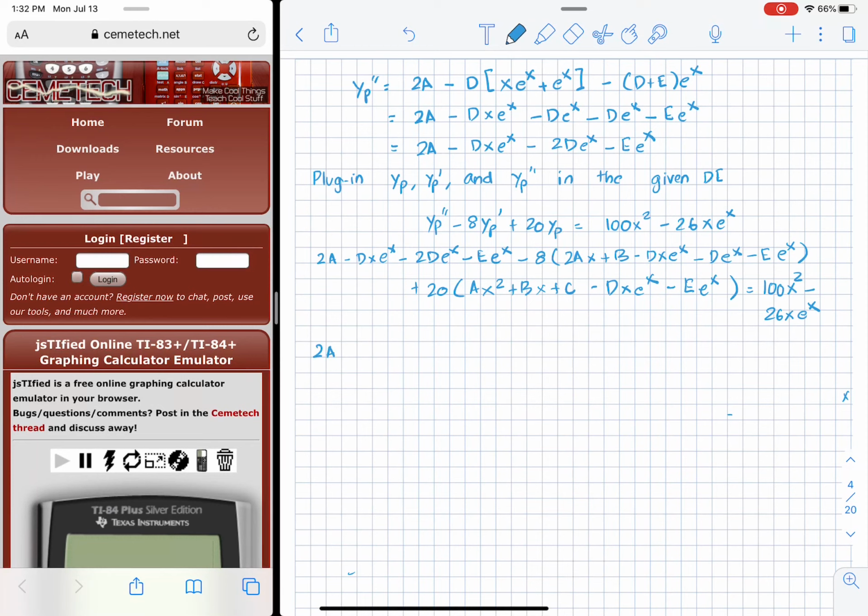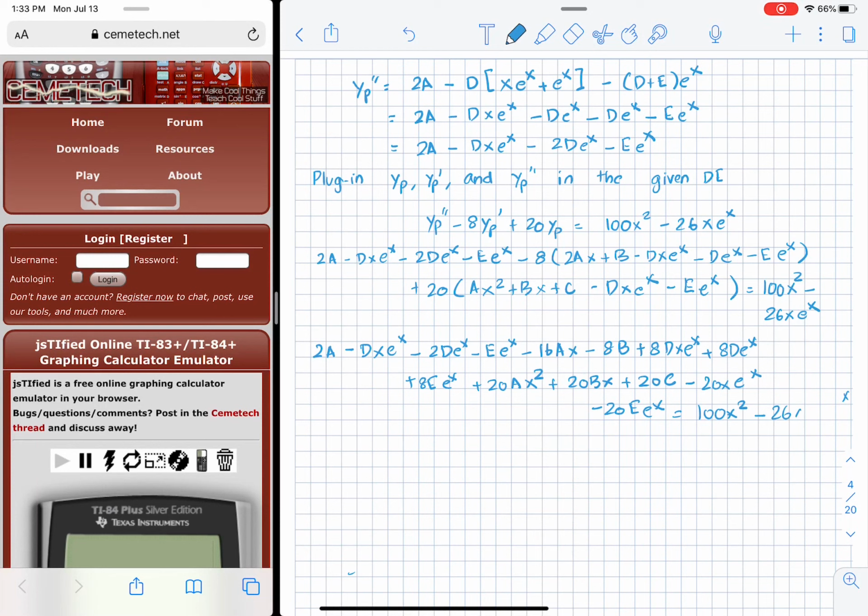So we have to do some algebra here. 2a minus dx e raised x minus 2d e raised x minus e raised x minus 16ax minus 8b plus 8dx e raised x plus 8d e raised x plus 8e raised x plus 20ax squared plus 20bx plus 20c minus 20x e raised x minus 20e raised x equals 100x squared minus 26x e raised x.